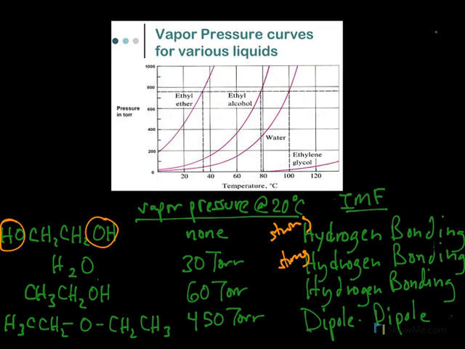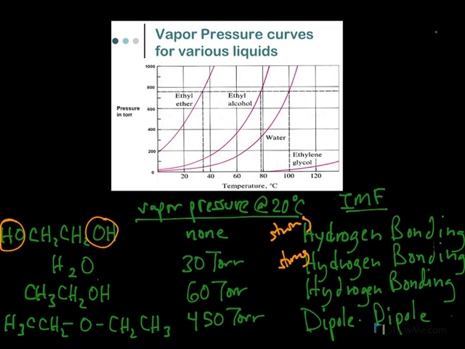And dipole-dipole is the weakest of all the IMFs on this table. This makes sense because the stronger the IMFs, the tighter the liquid molecules are attracted to each other, which means it takes more energy, more heat, to get these molecules to the gas state. That's why you need a higher temperature to get a higher vapor pressure.